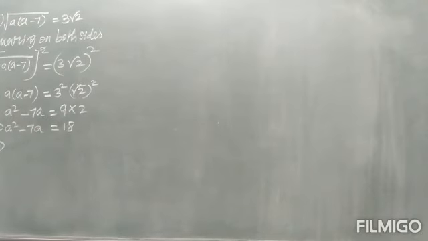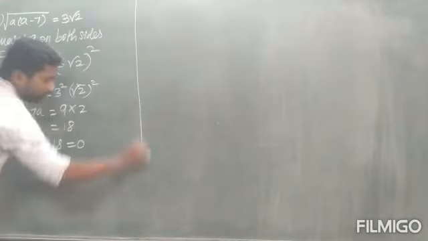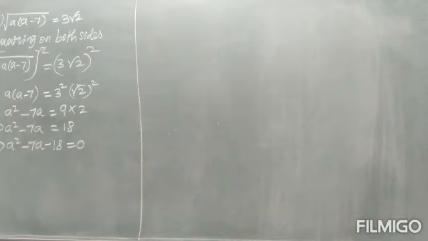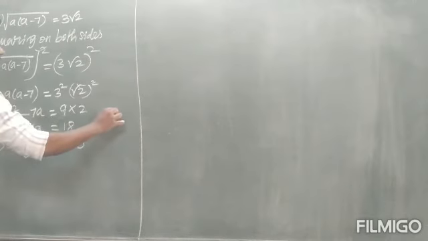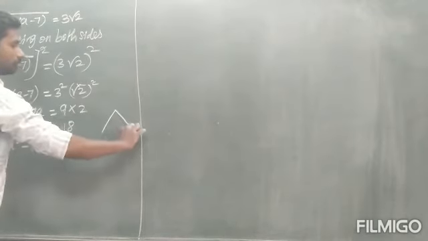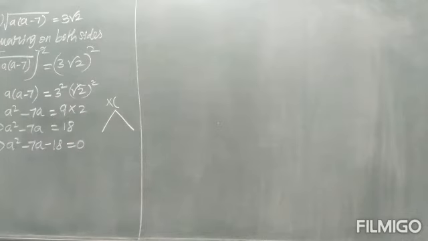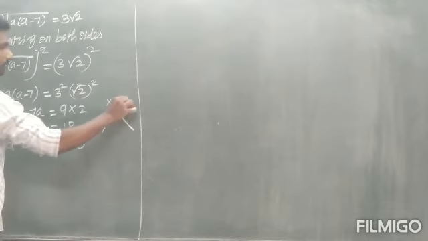This implies that a square minus 7a, bringing the 18 to the left-hand side, it will be minus 18, is equal to 0. So now we have to factorize it. The product of the factors must be minus 18.